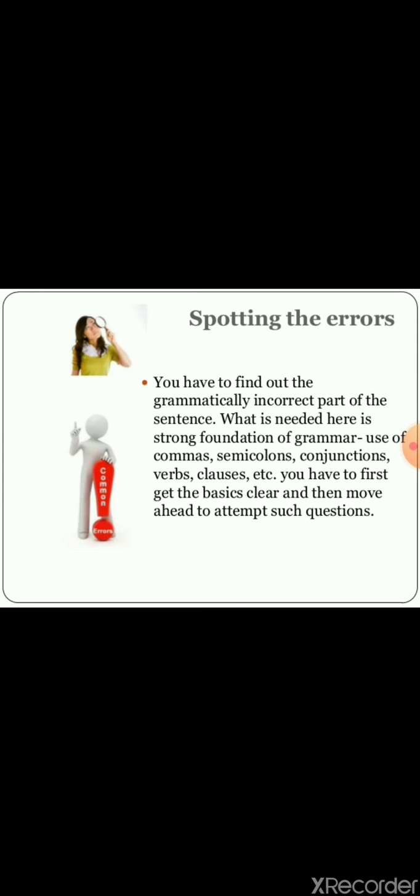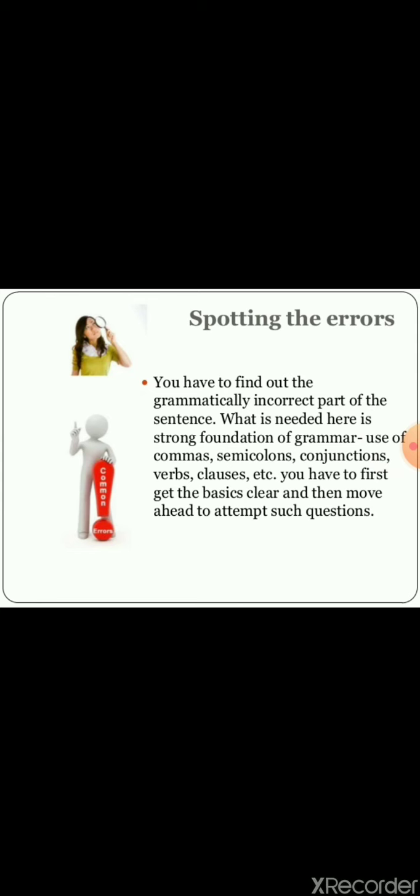This error can be anything from noun to pronoun to singular plural to word usage. That is why foremost I opened the topic of basics of grammar, parts of speech. I gave you the overview of parts of speech. Now look at the screen. There are two images. In the first image, the girl has a magnifying glass in hand. What does it mean?